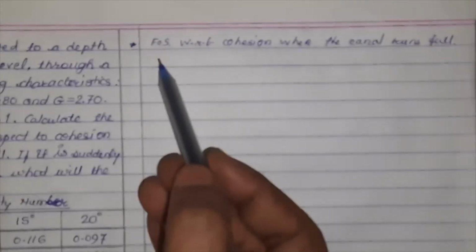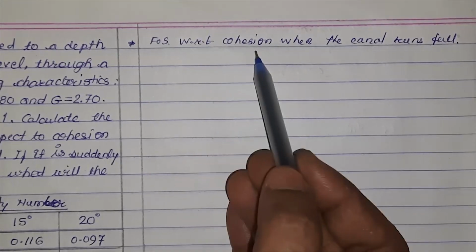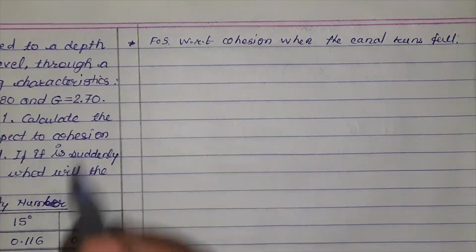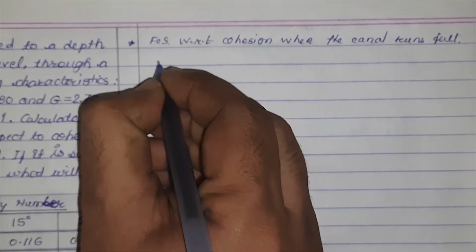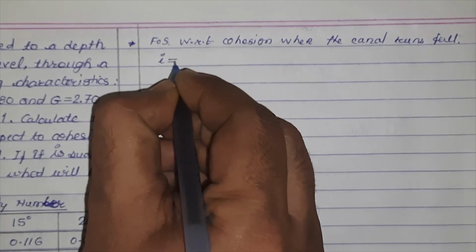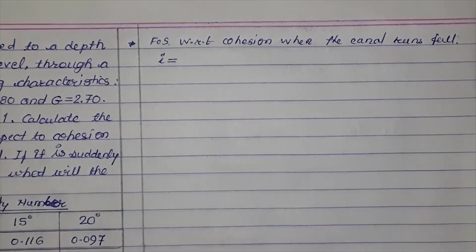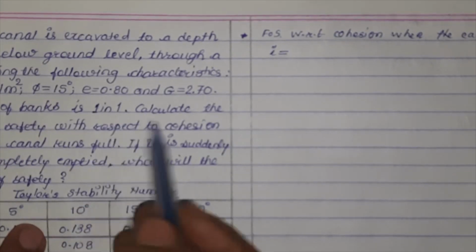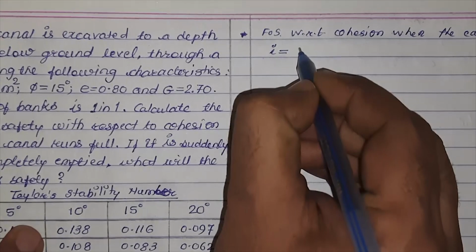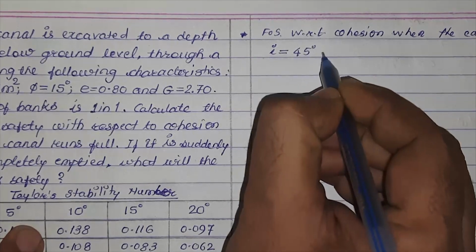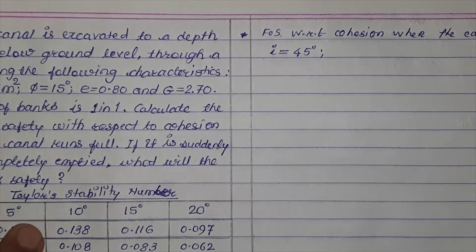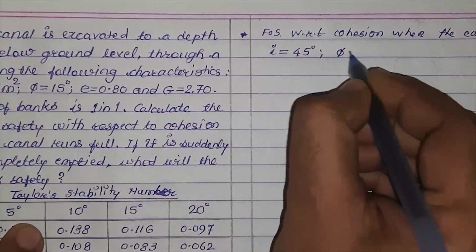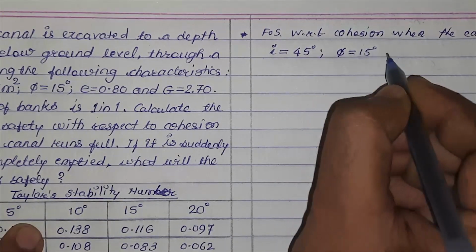Condition 1 is find out factor of safety with respect to cohesion when the canal runs full. In this condition, slope angle i is 45 degree, because slope is mentioned as 1 in 1. Hence, i is going to be 45 degrees. Thereafter, phi, that is angle of internal friction, is given as 15 degree.